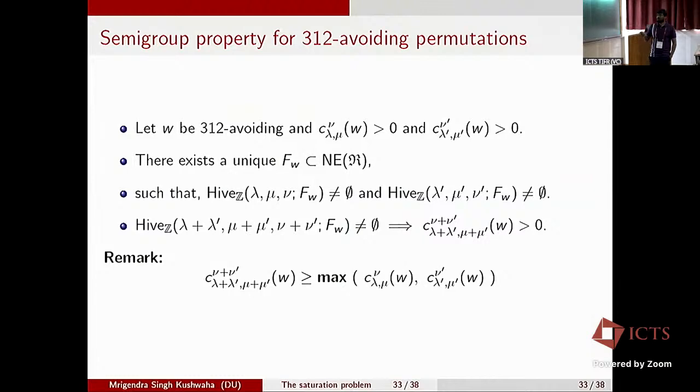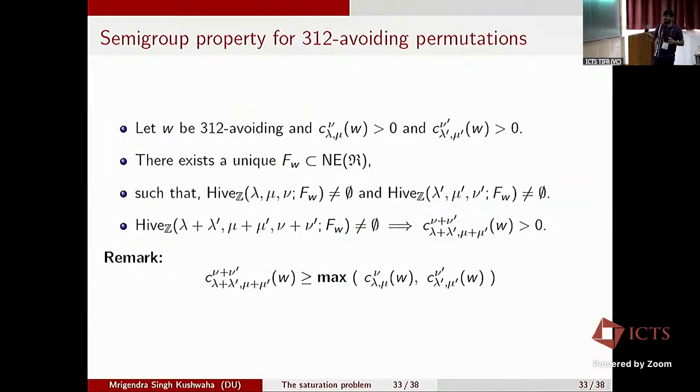So we take some integral point here and some integral point there and add them. Then the sum will also be flat on FW, because both H1 and H2 are flat on the same set, so it belongs here. So it has an integral solution. That means this refined LR coefficient for lambda dash, mu dash, nu dash is also positive.